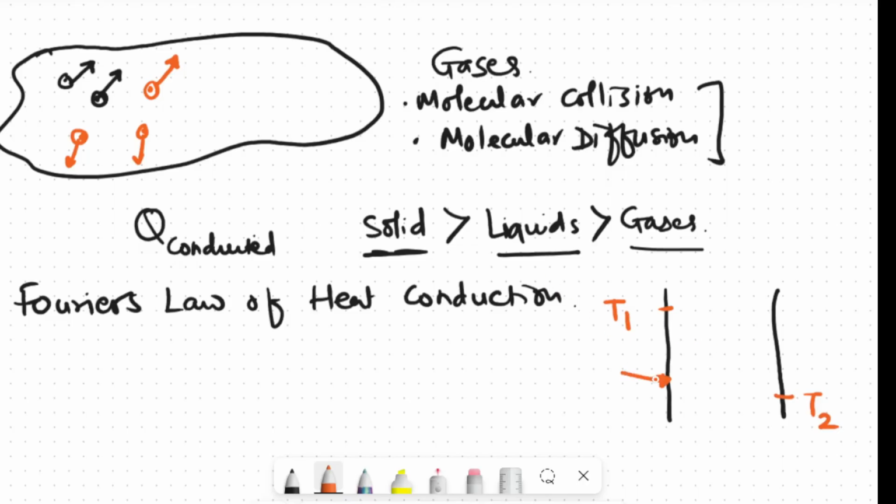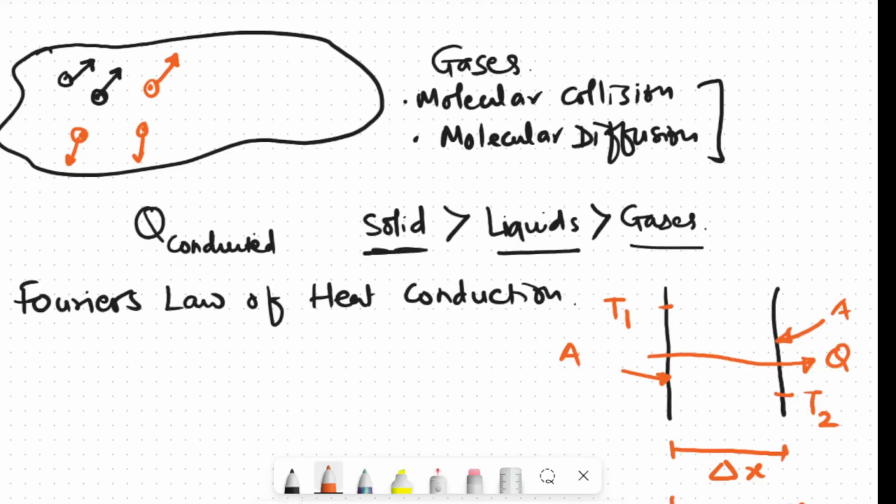Suppose this area is A and the thickness of the wall is del X. The area inside is equal to the area outside. So heat conduction takes place from the inner area to the outer area, and this is the direction x, positive x direction.